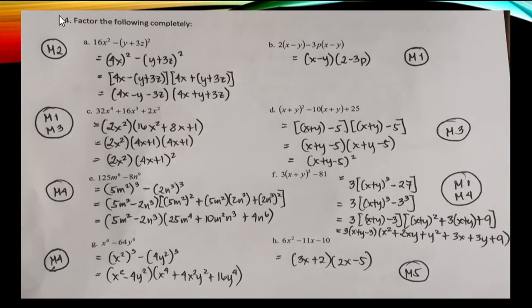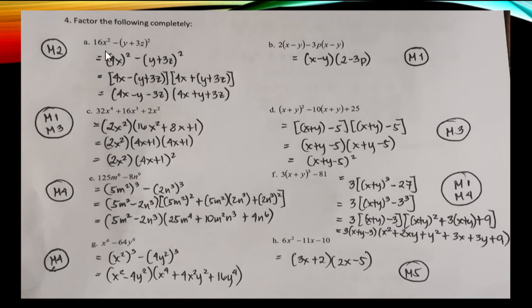Let's go to number 4. Factor the following completely. Okay, A, 16x squared minus quantity y plus 3z squared. So, here, pag ginani ang case, ato ang gamiton ang method 2. So, that is difference of two squares. Kay notice, square ni dere minus square pod din na, no? So, difference of two squares na siya.